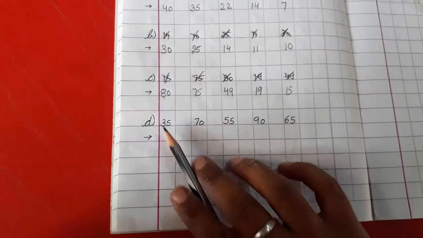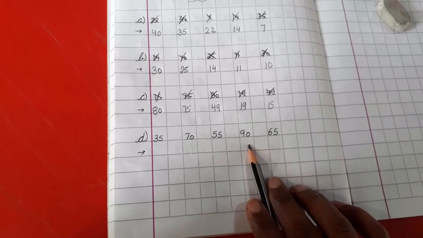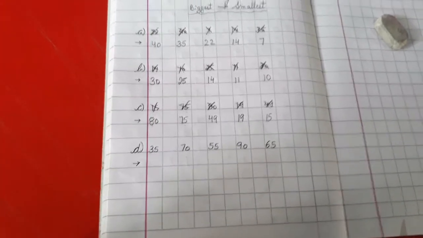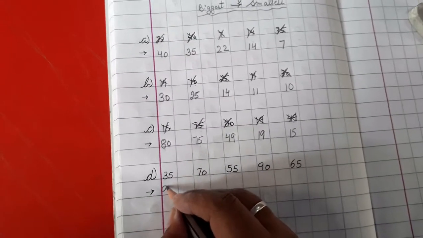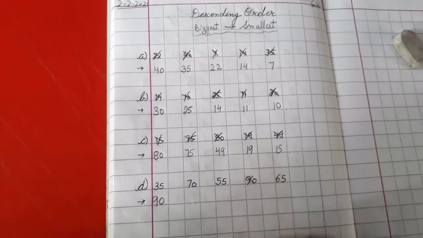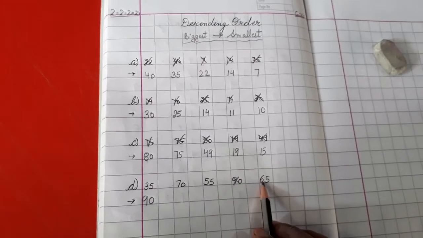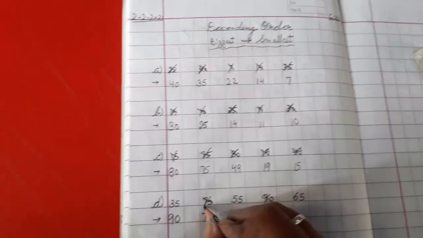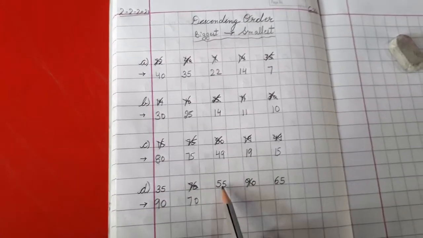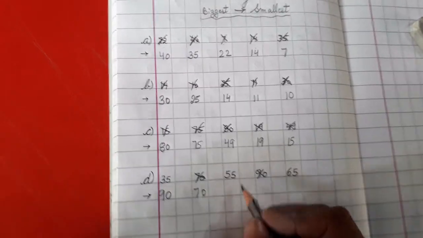Done all? Next we have is 35, 70, 55, 90, 65. Now tell me the biggest. 90. So write 90. Now 35, 70, 55, 65. 70. So now we are copying 70. Now tell me, among 35, 55 and 65, which is the biggest? 65.